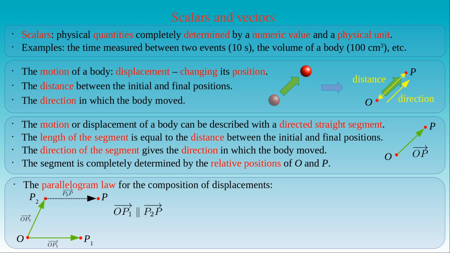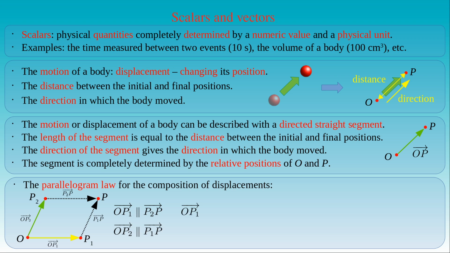Let's denote this displacement with P2P, directed to the point P. Then we construct the displacement from P1, which is parallel with the displacement OP2. This displacement also ends at the point P and it is denoted with P1P. Now there are two ways to reach the point P from the point O with these displacement vectors. In the first way, we move along the displacement OP1.